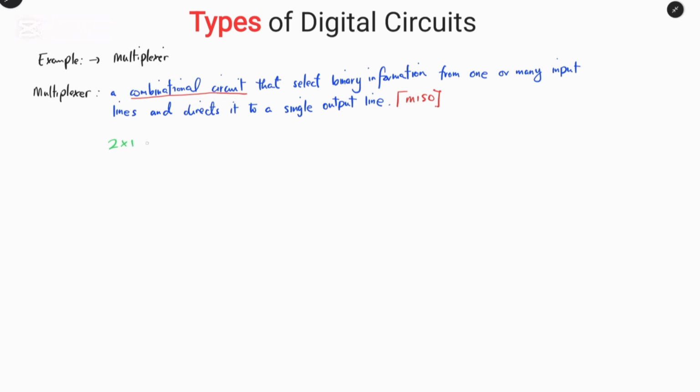So for a 2 by 1 multiplexer, the circuit diagram can be drawn as follows.